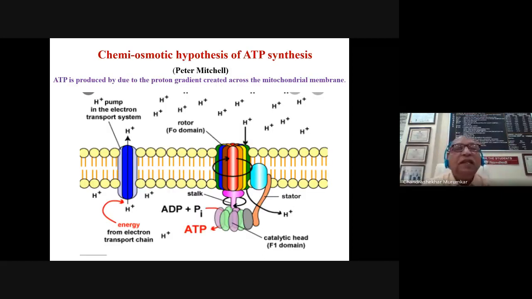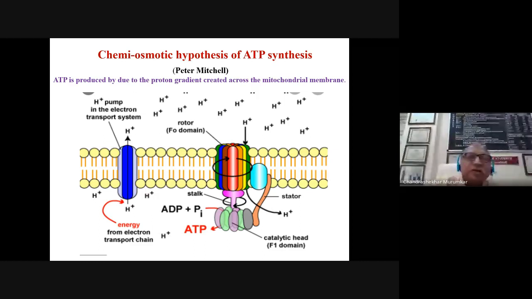We can see that this is the chemiosmotic hypothesis of ATP synthesis, also called oxidative phosphorylation. Now you can see that on the upper side there is an inner mitochondrial membrane where the hydrogen protons are present.